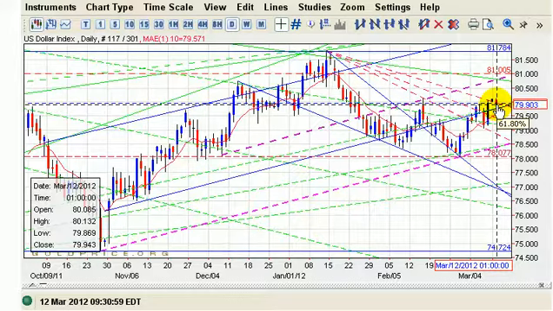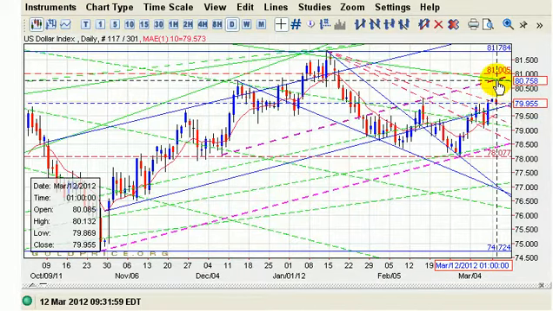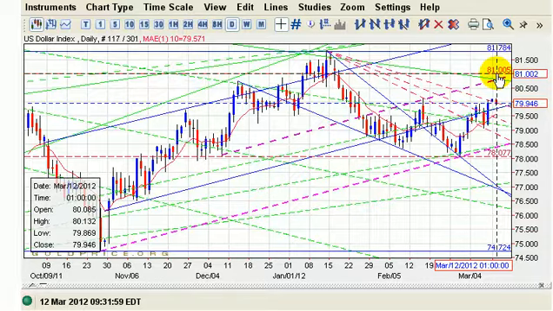Resistance as of now, since the high is 80.13, serves as the resistance prior to breaking it, and extensions could go as high as 80.73 to the previous basis point level as the second resistance level.